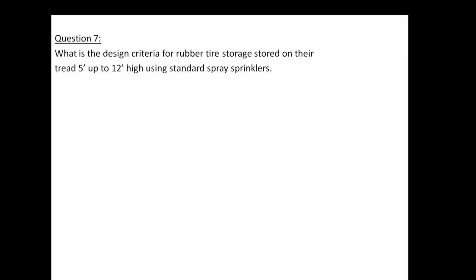The answer to question number 6 is ordinary hazard group 2, which equals 0.20 times 1,500 square feet equals 300 gallons per minute plus 250 for hose flow, which will give us a total of 550 GPM total demand. Reference page 13-22 and page 13-259.